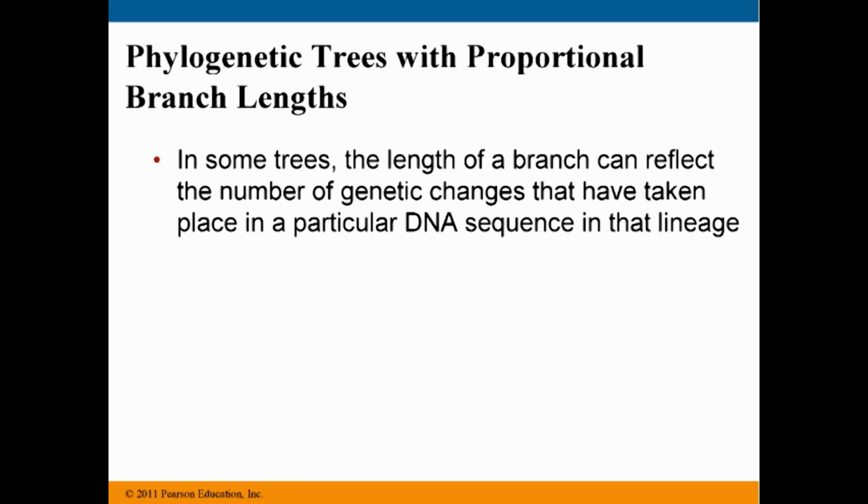Now, there's different ways to make these phylogenetic trees. So you can have phylogenetic trees that have the branch lengths that are exactly the same. So in some trees, that length of the branch can reflect the number of genetic changes that have taken place in a particular DNA sequence within that lineage.